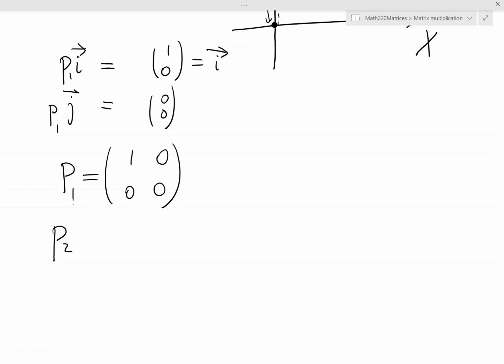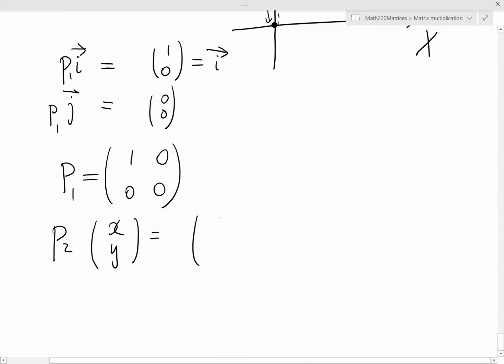By symmetry, P2 of (x, y) is (0, y). We don't have x anymore, so we get x times (0, 0) and then y times (0, 1).